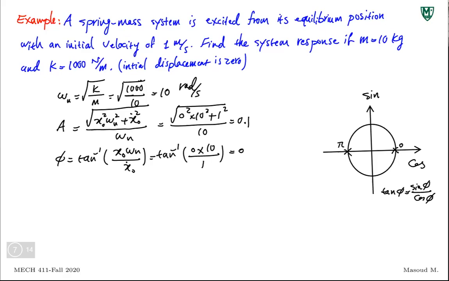How do we decide which one is the right number? Can anyone tell me that? How do you know that the value is not pi? Any thought on that?